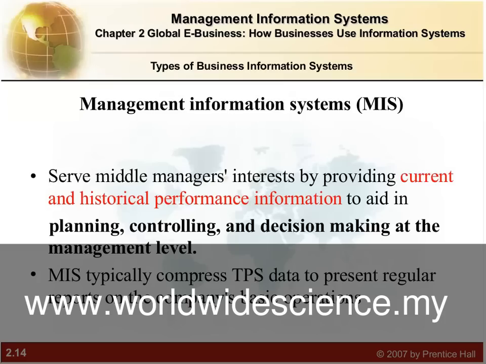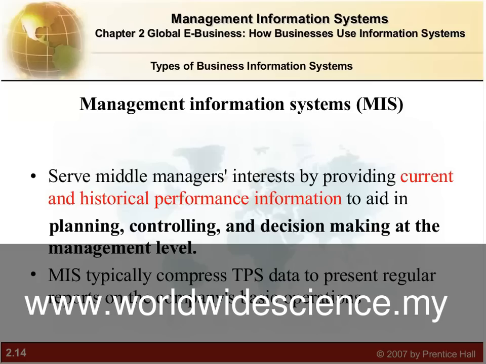As you can see here also, MIS serves middle managers' interests by providing current and historical performance information to aid in planning, controlling, and decision making at the middle management level. MIS typically compresses TPS data to present regular reports on the company's basic operation.